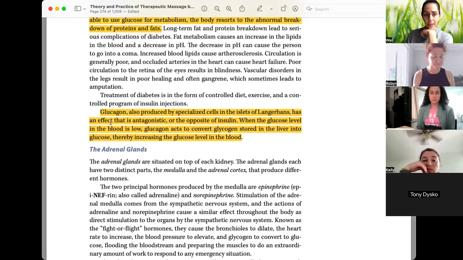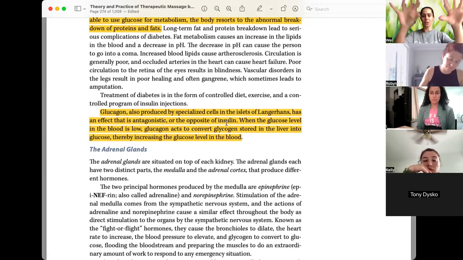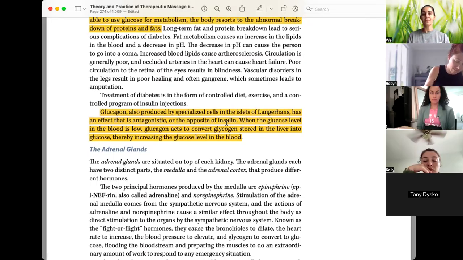Okay, one last note here about glucagon, which is also produced by the islet cells in the pancreas. They have an antagonist effect, which is the opposite of insulin. So if insulin is there to come and take the sugar and facilitate it and take it to the cell for energy, glucagon does the opposite. So when there's not enough sugar in the blood, because sugar is a nutrient, okay?